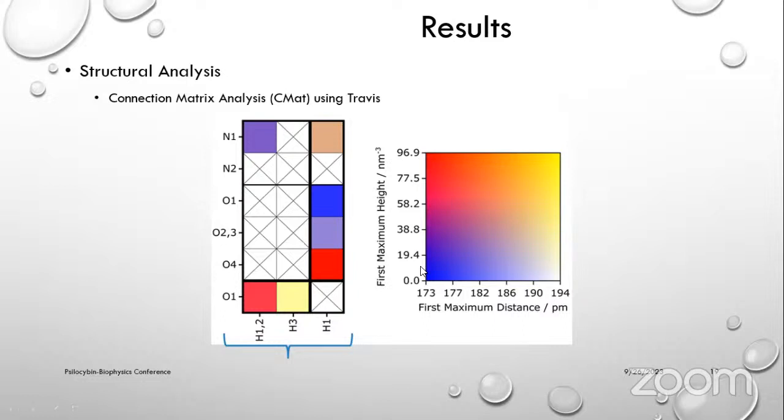The right-hand side is the heat map, which gives the key information: the red color implies a strong interaction between the specific polar atom and a hydrogen, the blue implies a short distance but poor interaction, and the yellow implies high interaction but at a long distance, because this heat map shows the first maximum height and the first maximum distance. So it combines the two.